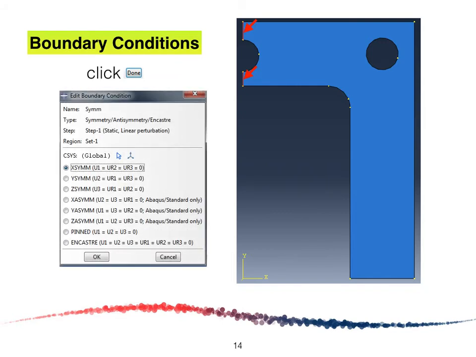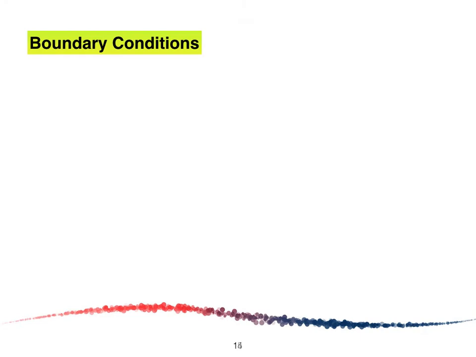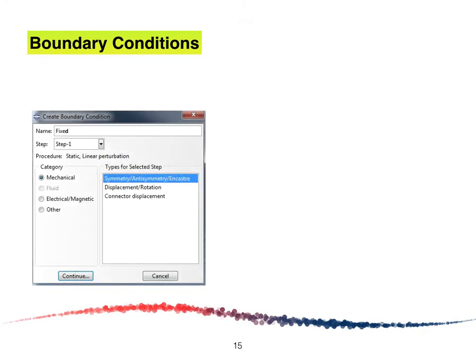After we click done, the edit boundary condition window will appear. In this case, we are going to select X symmetry because our model does not move horizontally, followed by OK.